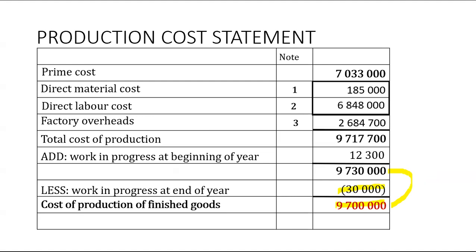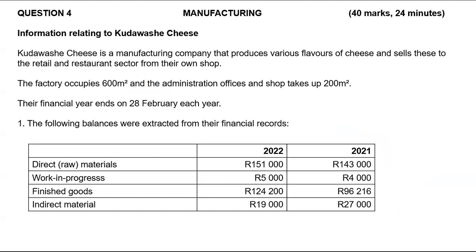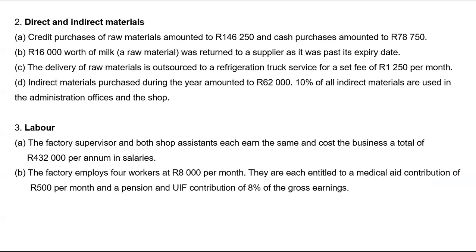All right. I am going to stop right here. I think this will help you answer the paper that I just gave you now. And you can even try this one as well, okay, which is IEB paper 1, November 2022. This is the information. You will pause, obviously. I'm moving too fast.